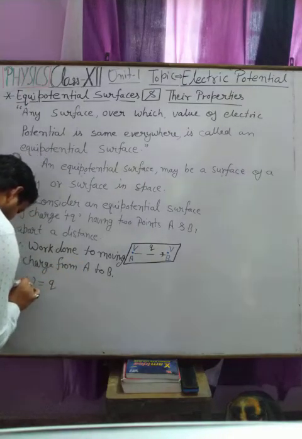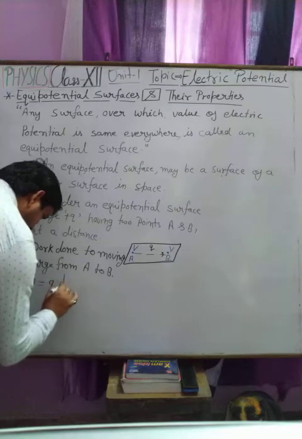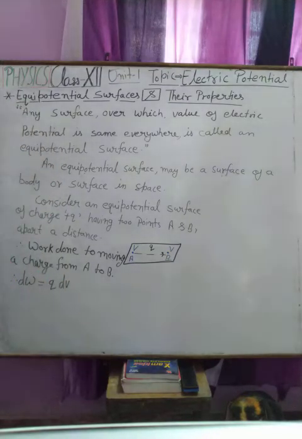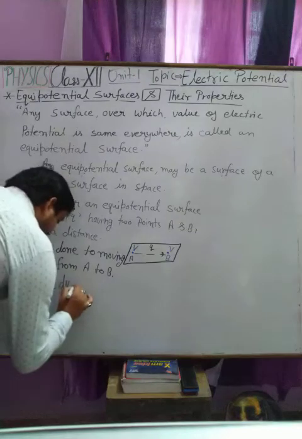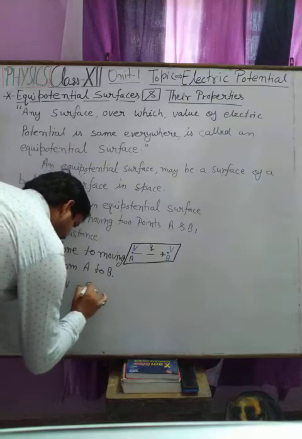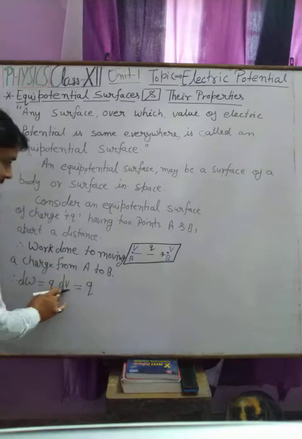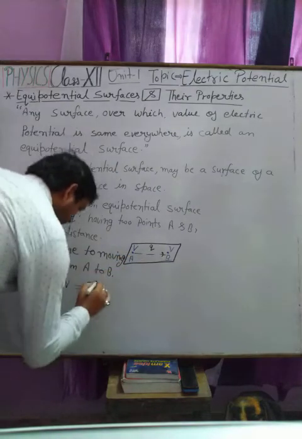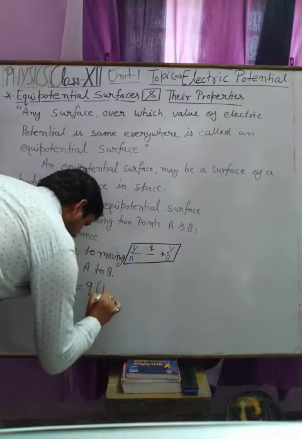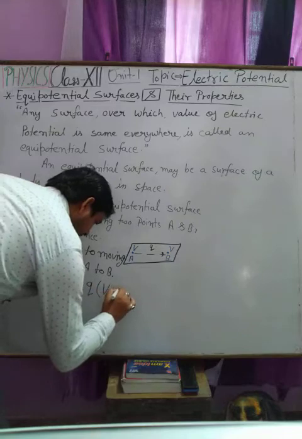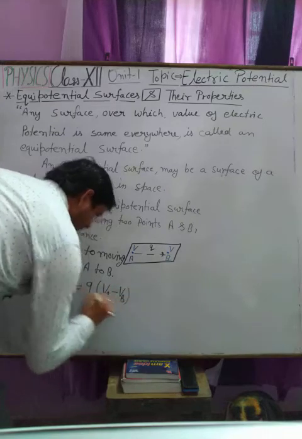Okay, student. Now, this dV is the potential difference of points A and B, that is VA minus VB.